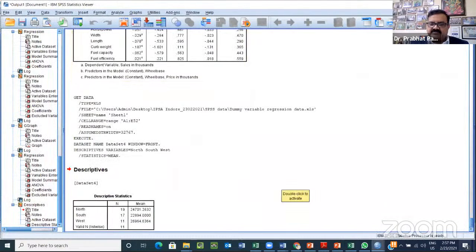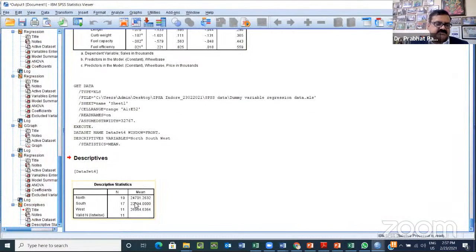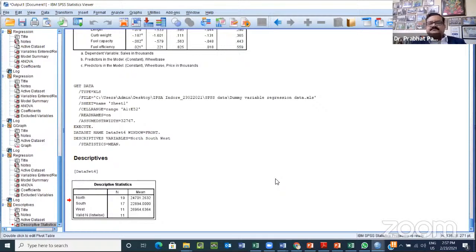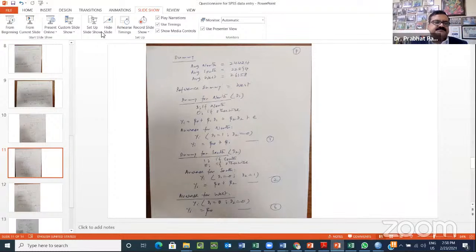So these are the averages we got for all three. Keep these averages in mind: north 24,701, south 22,894, west 26,964. I have noted down these averages over here.